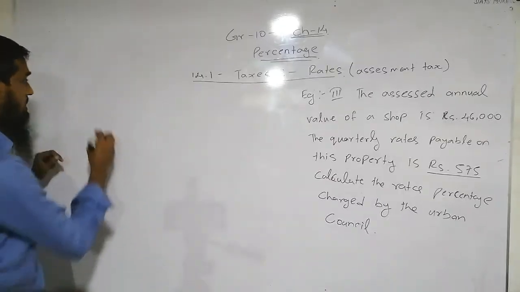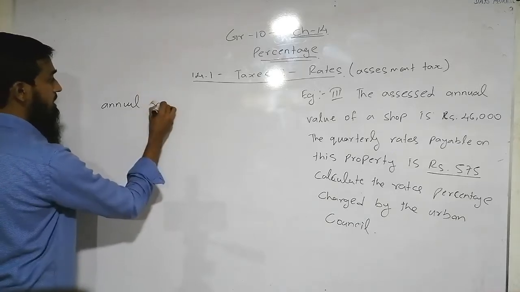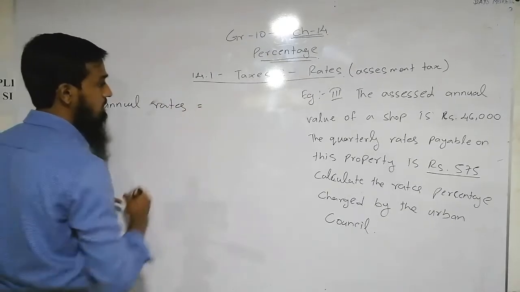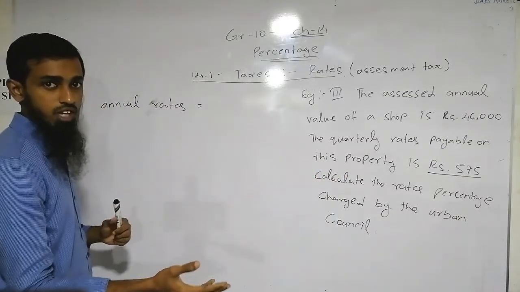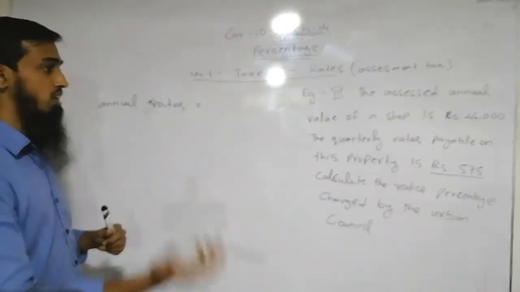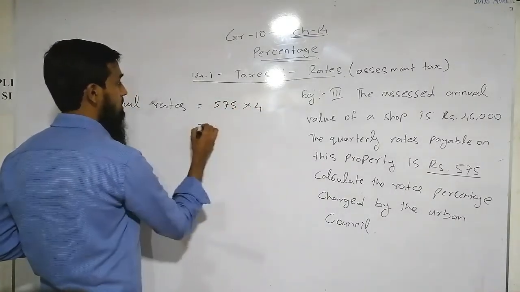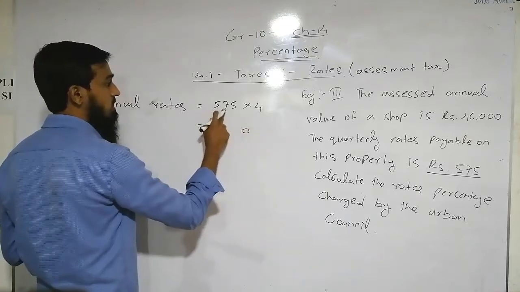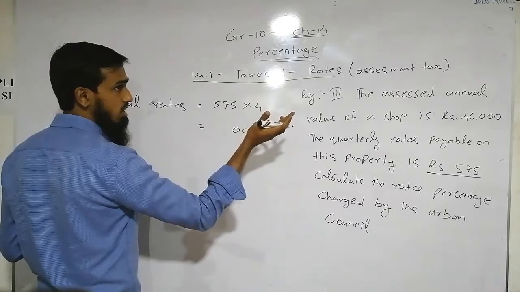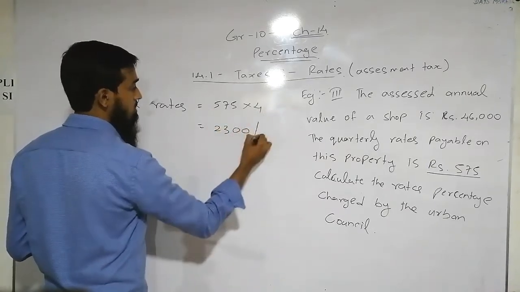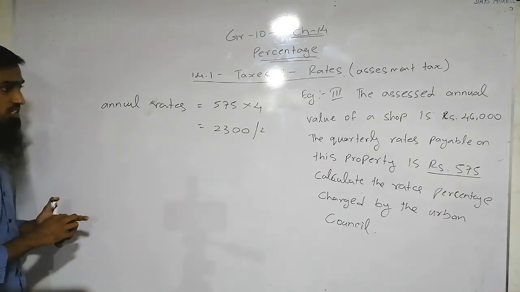So first we have to find the annual rates. So how do we calculate the annual rates? Quarterly is the annual rate divided by 4. So in reverse we can multiply 575 into 4. 4 times 5 is 20, carry 2... so 2,300 rupees is the annual rates.